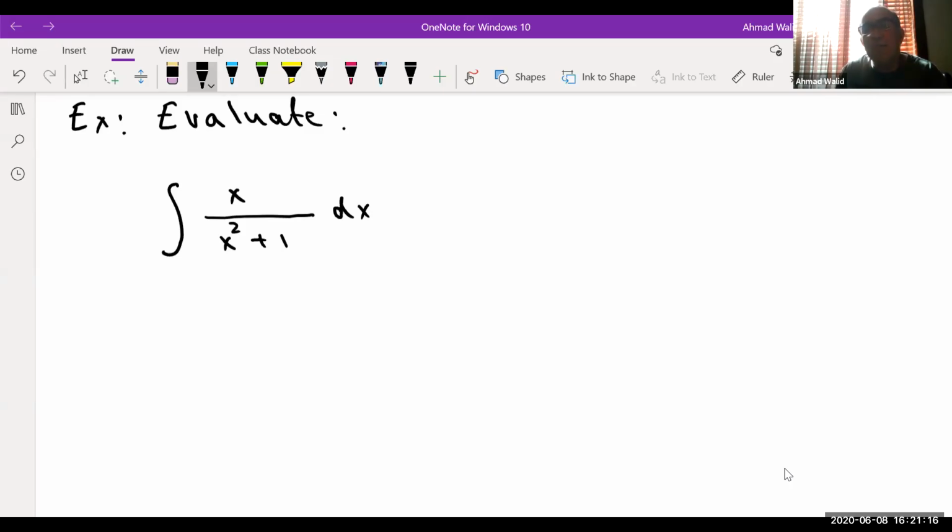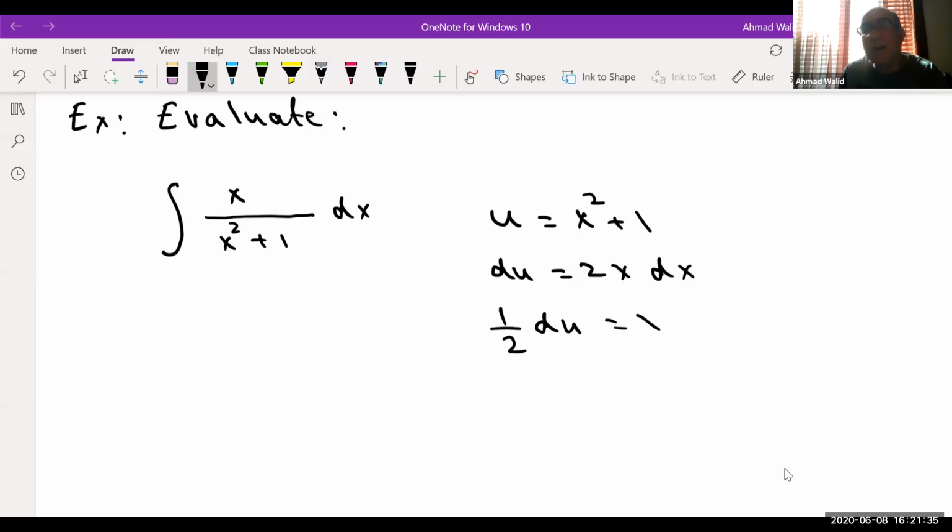I will name my u. My u is equal actually x squared plus 1. Then du equals 2x dx. And if I solve for x dx, 1/2 of du equals x dx.